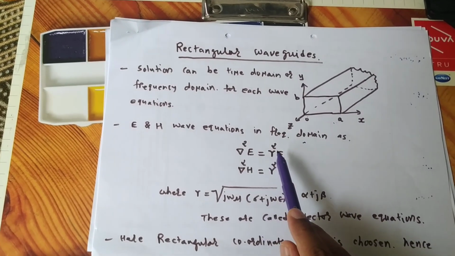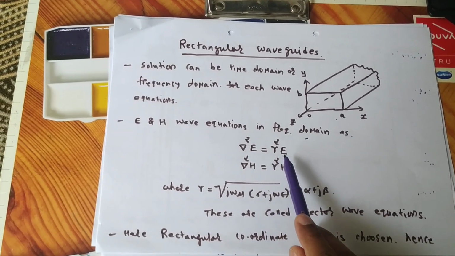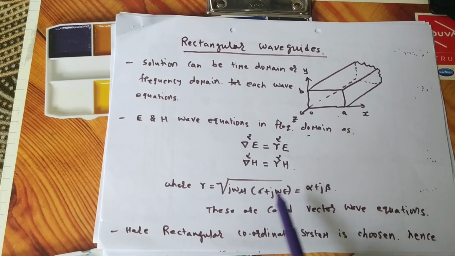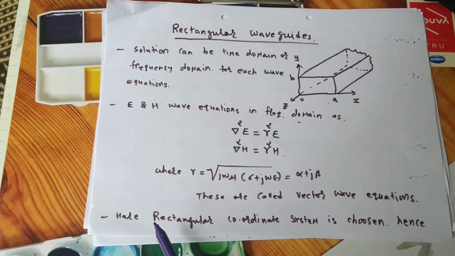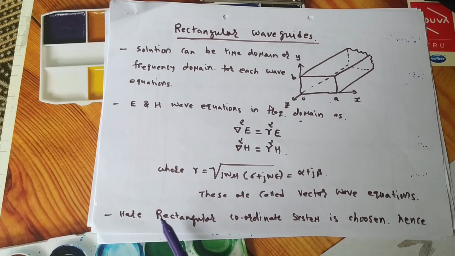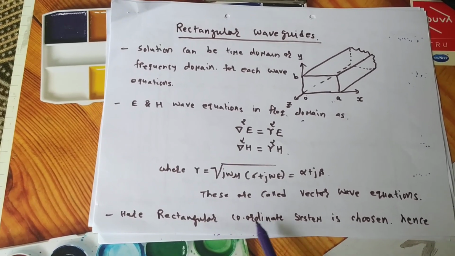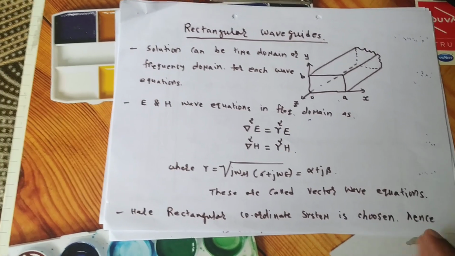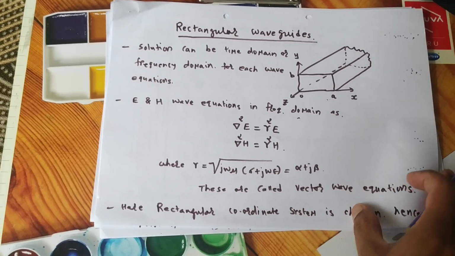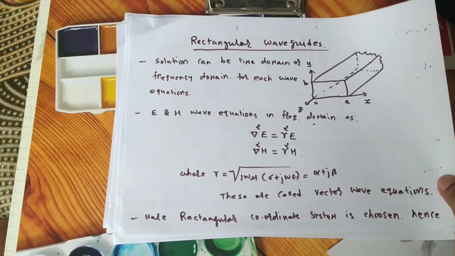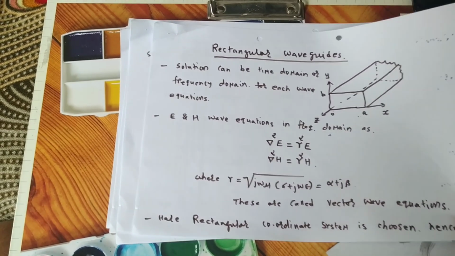These equations are called vector wave equations, and for obtaining the solution of the E and H equations we have used the rectangular coordinate system. Now let us try to solve the E and H equations.